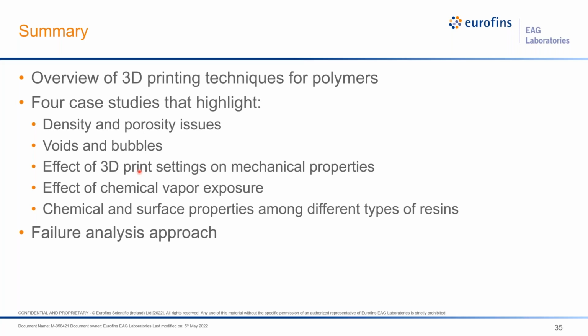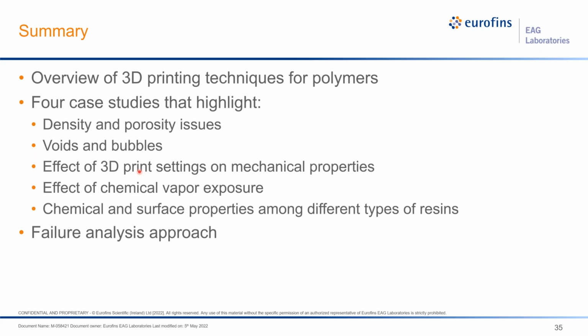We also examined how 3D printing settings, such as using cubic or tri-hex, will affect mechanical properties. And we could even explain some of those mechanical properties using SEM imaging, using fractography. We also showed the effect of chemical vapor exposure on smoothing the surface and making a nice finish.